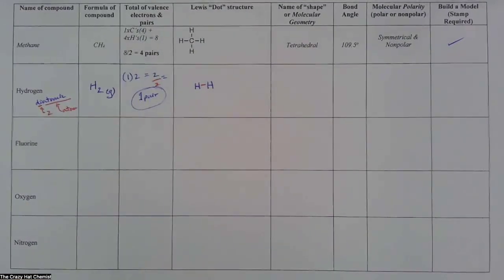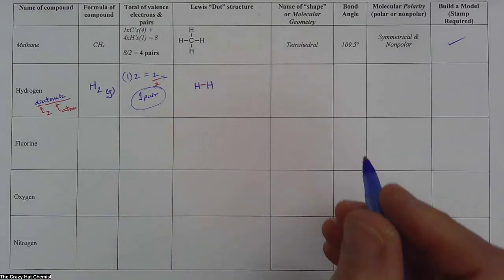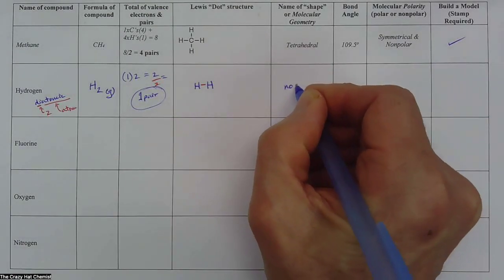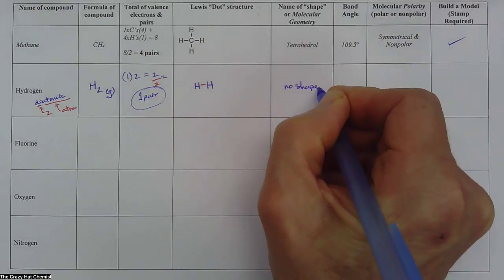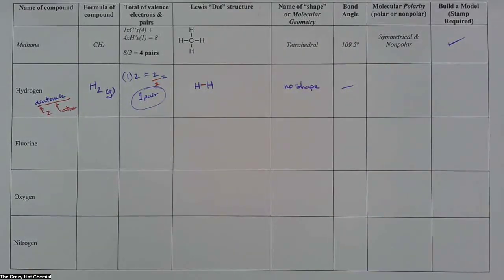In order for me to have a shape, I need at least 3 atoms. So this is classified as no shape. Therefore, there's no bond angle, so we're not going to do that. We can answer the question of polarity, but first we need to make the model.